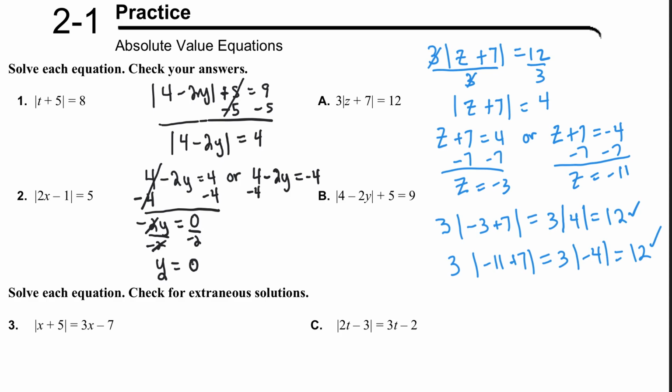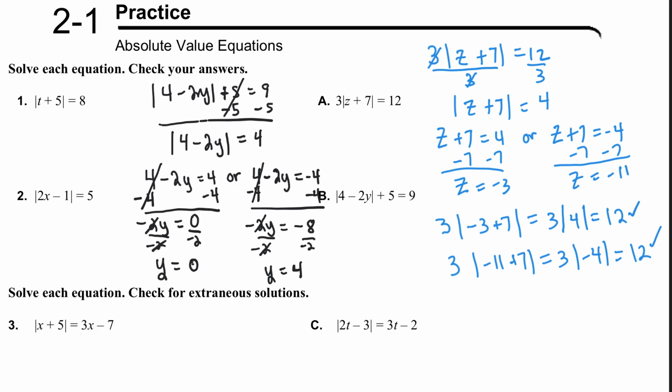We're going to subtract 4 from both sides. So we have 4 minus 4, which is going to be 0, and we're left with -2y equals -8. Our next step is to divide by -2. -2 divided by -2 is 1. You're left with y. -8 divided by -2 is going to be 4.